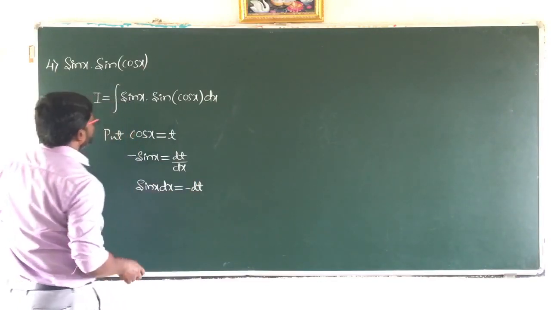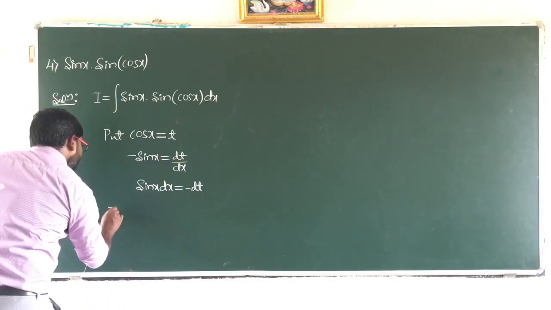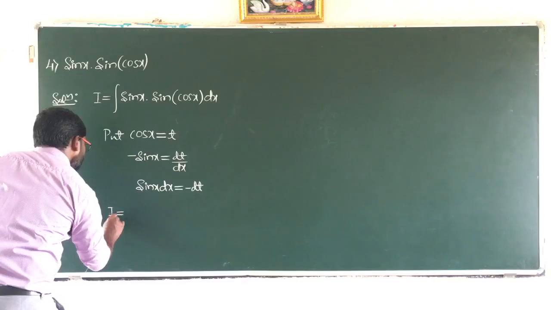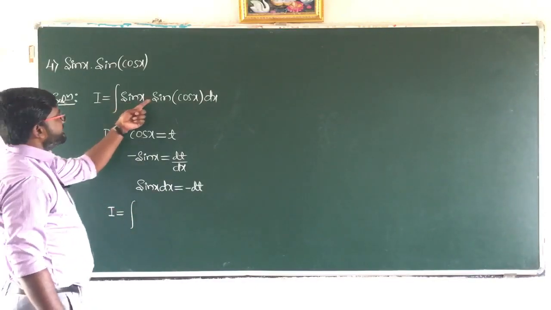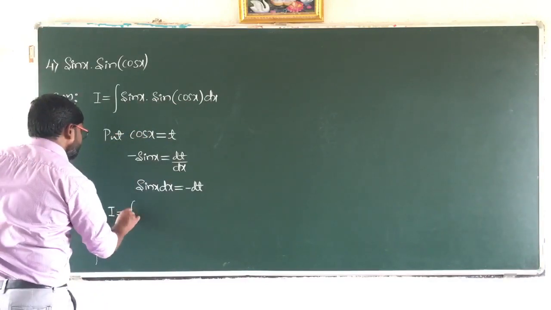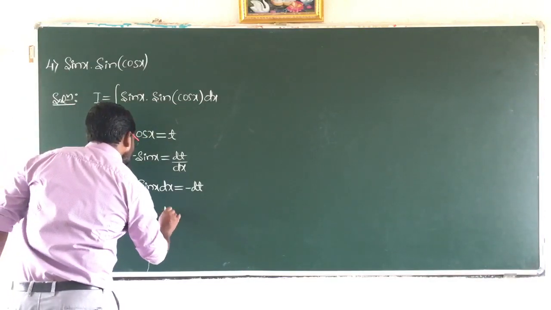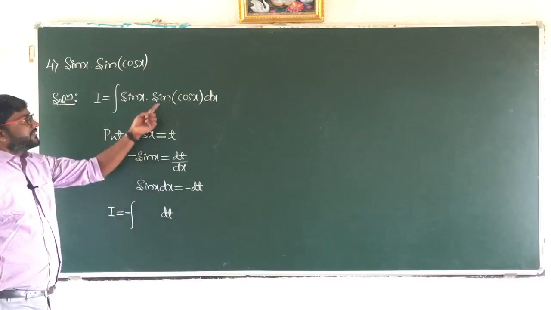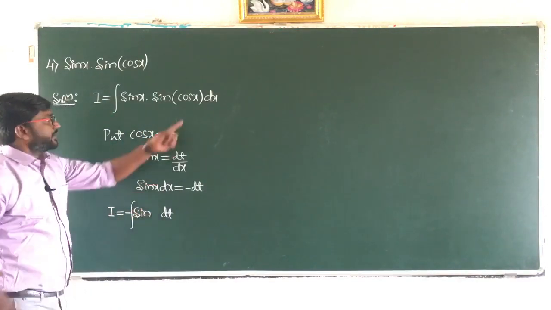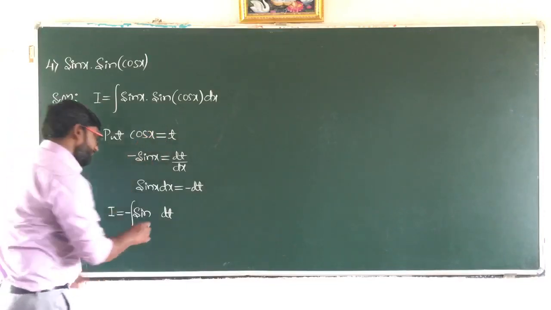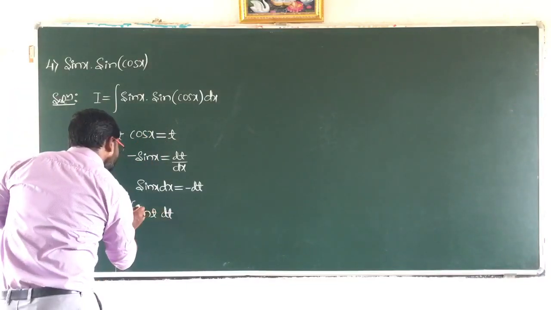So now rewrite the integral. I is equal to the integral, sin x dx will be minus dt, I write the minus outside. So now sin, I write it as it is. Then what is cos x? It is t. So we get sin t dt.